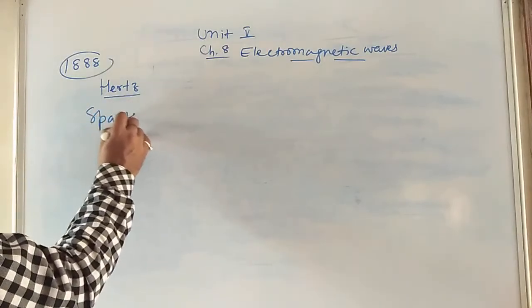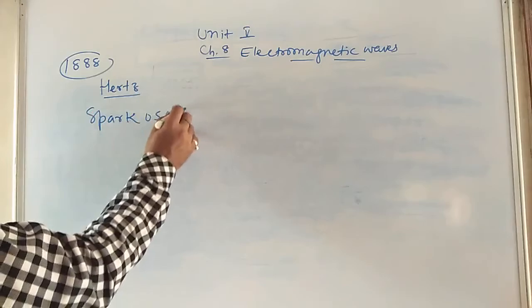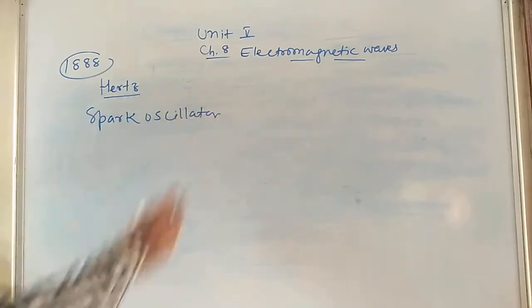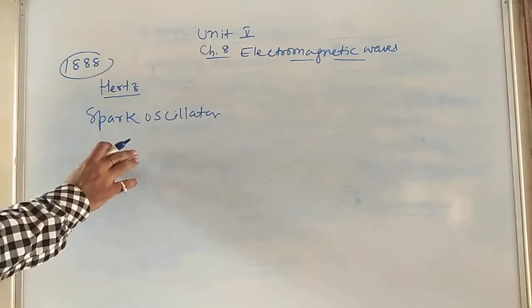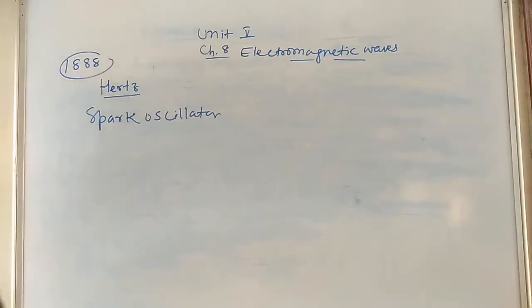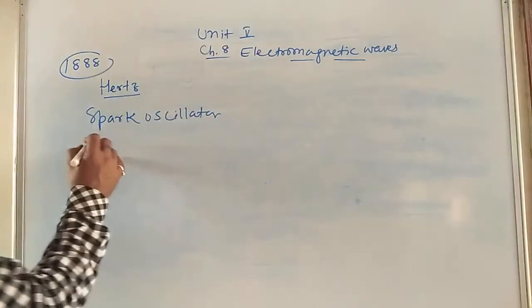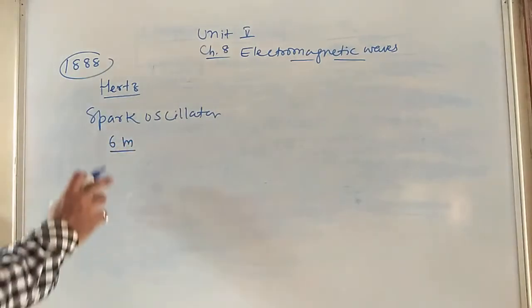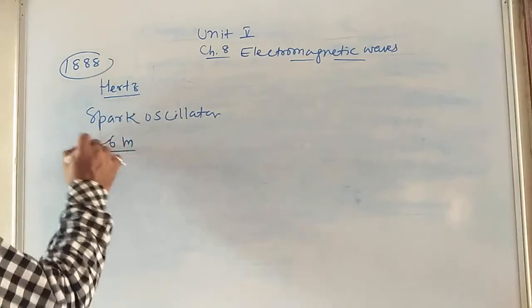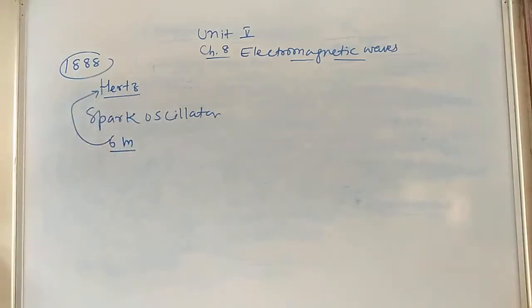We will see the spark oscillator ahead. He also detected them. The wavelength of the electromagnetic waves produced initially was only 6 meters. The SI unit of frequency is Hertz.